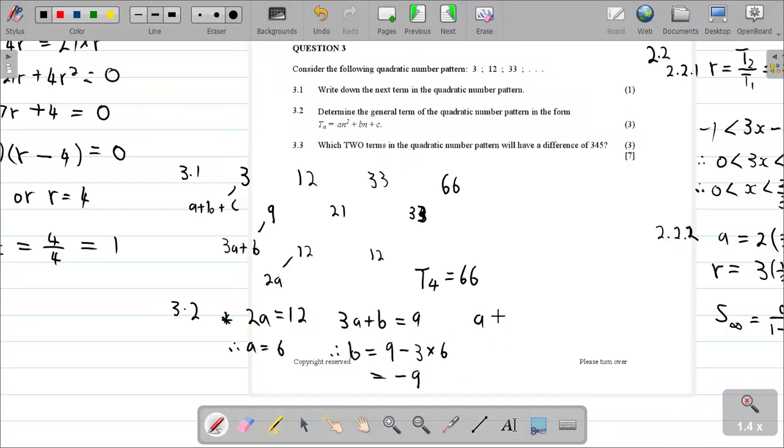And then A plus B plus C equals to 3, I'm sorry. So 6 minus 9 plus C equals to 3. So C will be equal to -3 plus 3... wait, C will be equal to 6.